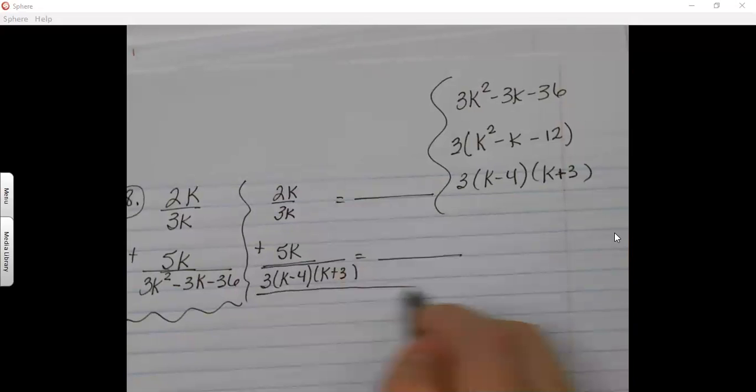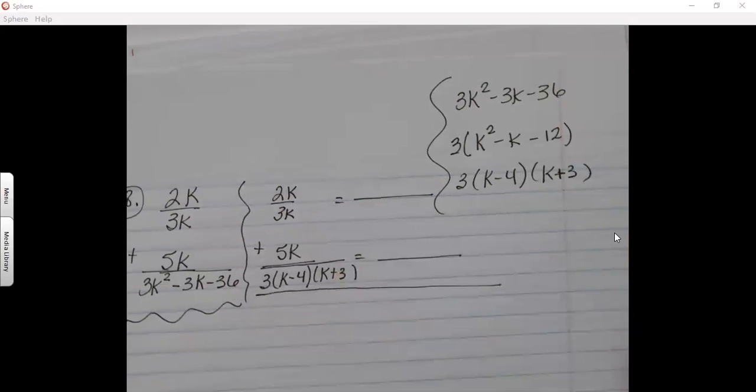For my LCD, the least common denominator, tell me what the monomial part of the LCD is going to be. 3k, and I'm going to need a k minus 4 and a k plus 3.